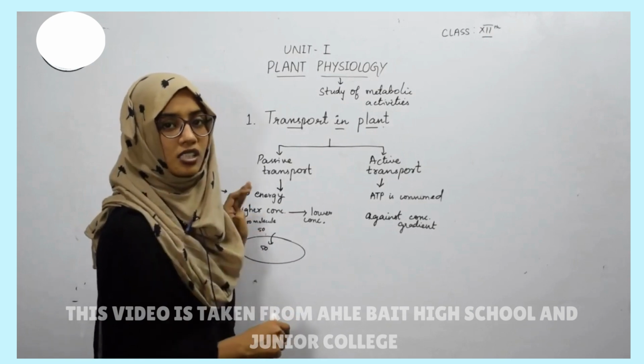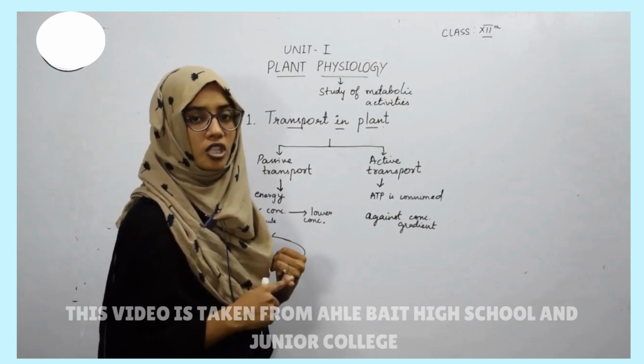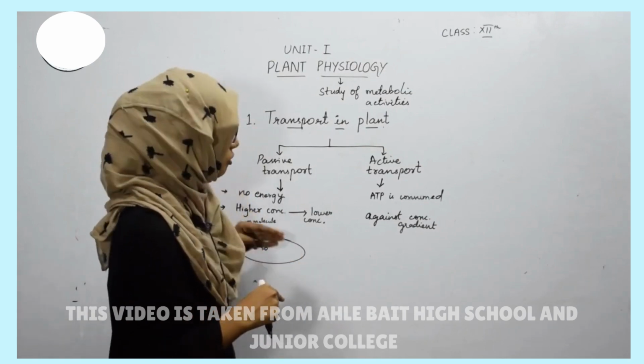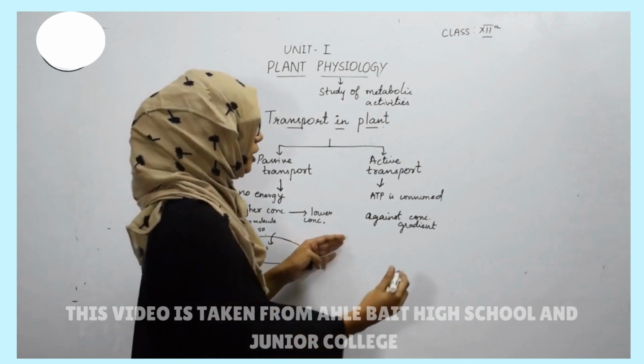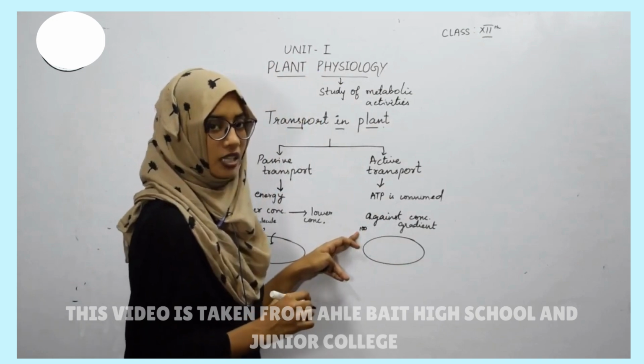So it is a process in which the molecules move from a region of higher concentration to a region of lower concentration till it reaches equilibrium. When we see the active transport, suppose 100 molecules are present outside of this cell.